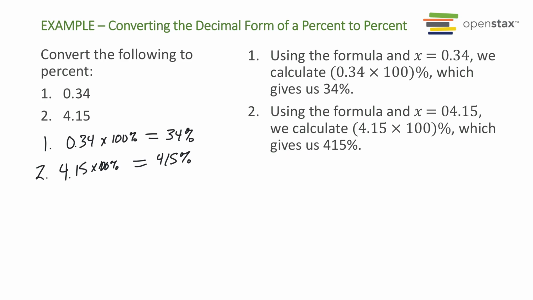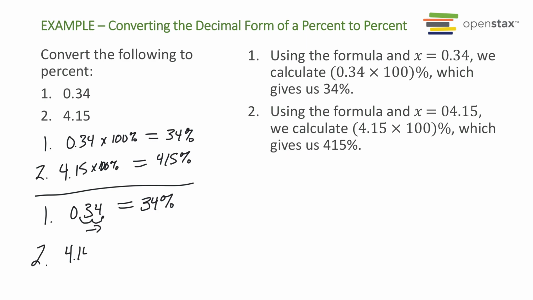So that would be multiplying. We could do that using the same little trick in the opposite direction. If we're going from decimal to percent, then we move the decimal place to the right, and that gives us 34%. And when we go from decimal to percent, we add in the percent symbol. And then for number 2, we've got 4.15.